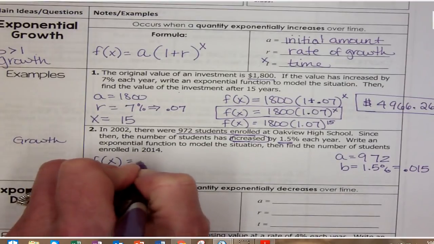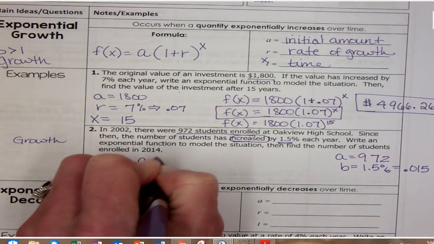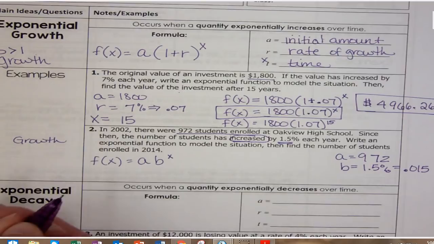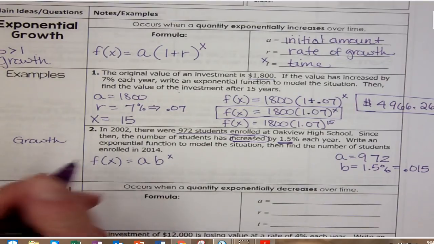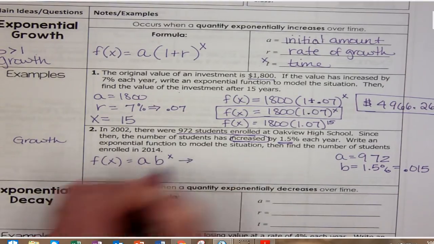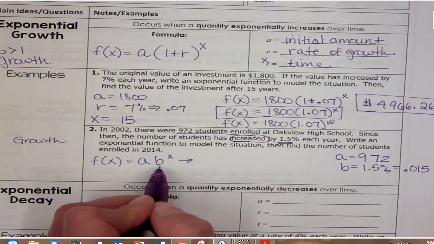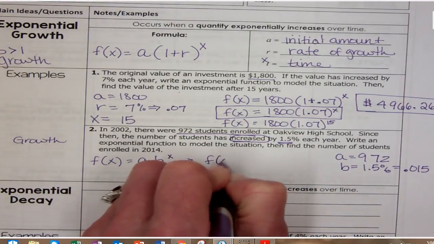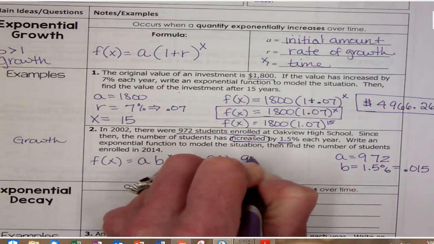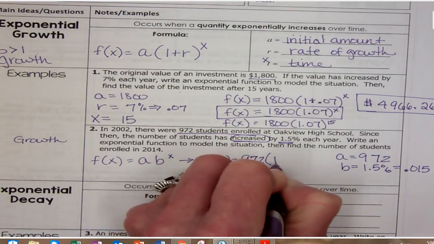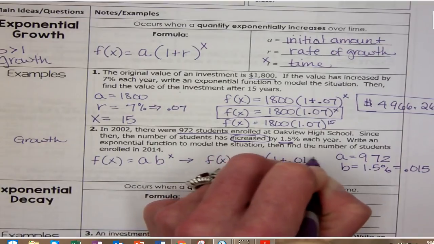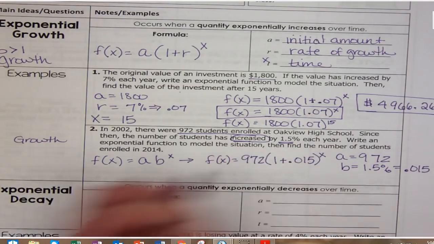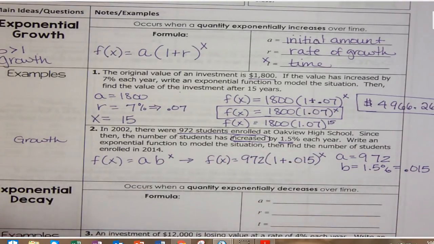So your equation is the same as this, except for now our b is 1 plus the rate, because we're increasing. So f of x equals 972 times 1 plus 0.015 to the x power.